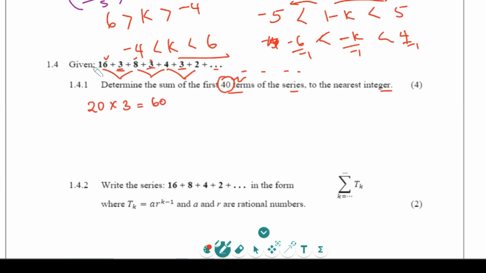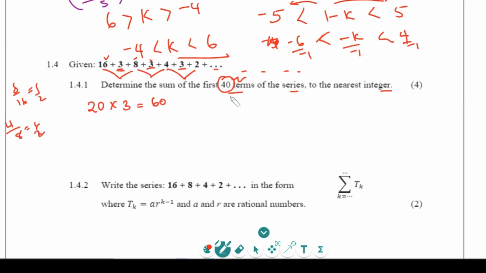Okay, and then when I look at this pattern, 16, 8, 4, 2, it's like I'm dividing by 2. If I try to get 8 over 16, that will give me a half, and then 4 over 8, that also gives me a half. So this is a geometric kind of sequence.